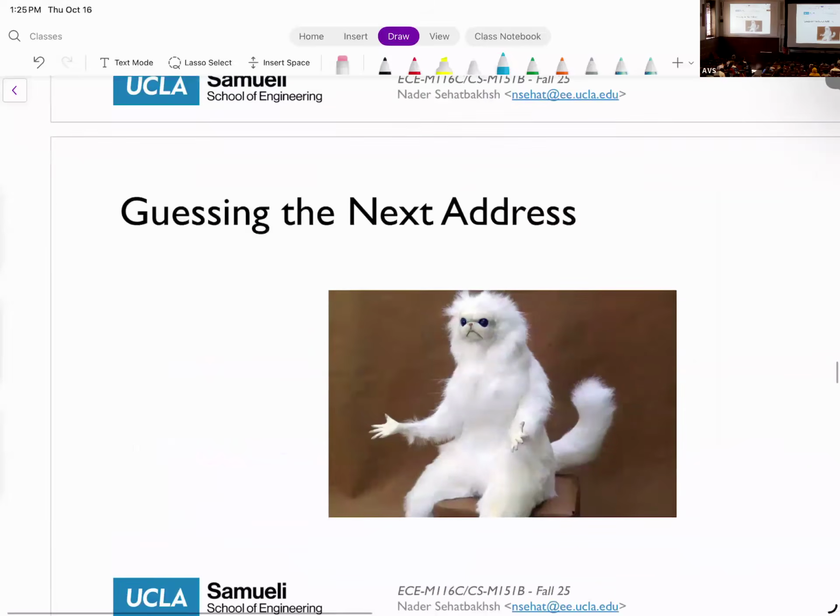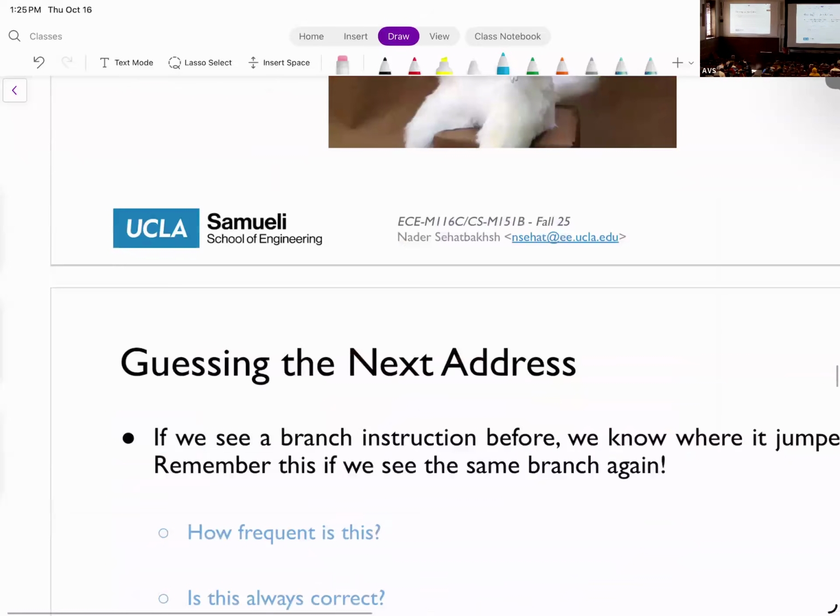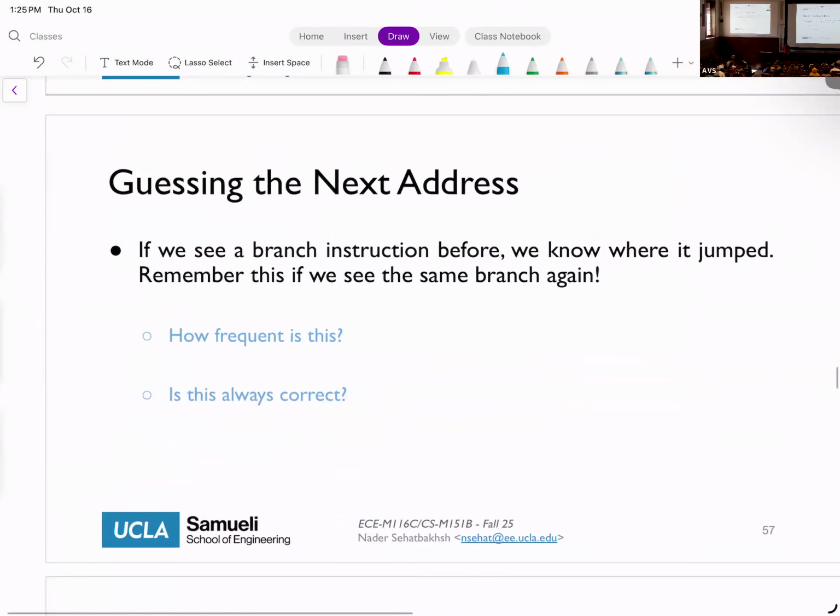Okay, so how do we actually do that? We're going to use this idea called branch target buffers, or BTBs, okay? The BTB is a table that remembers the branch and the address that it jumped to. The first time, this table is empty, right? I haven't seen any branch.